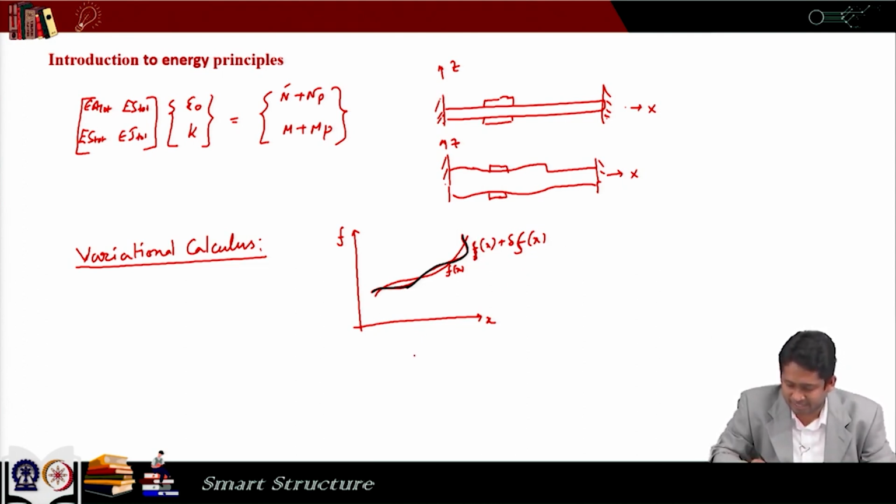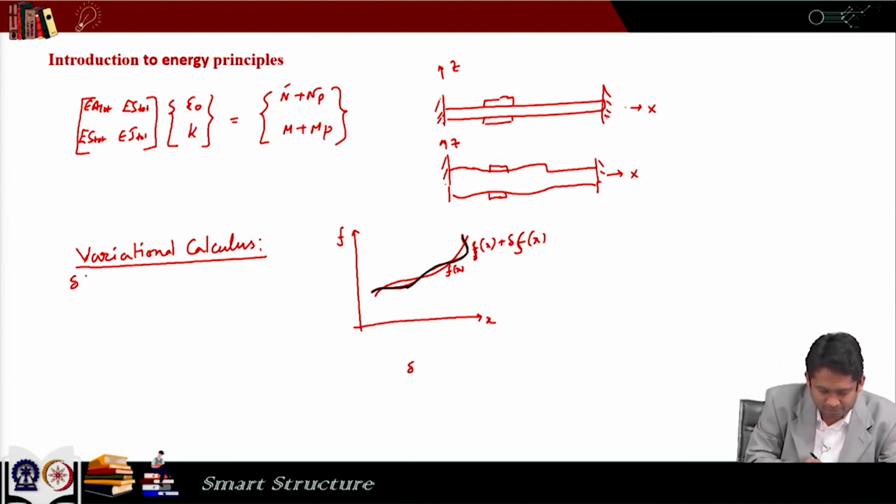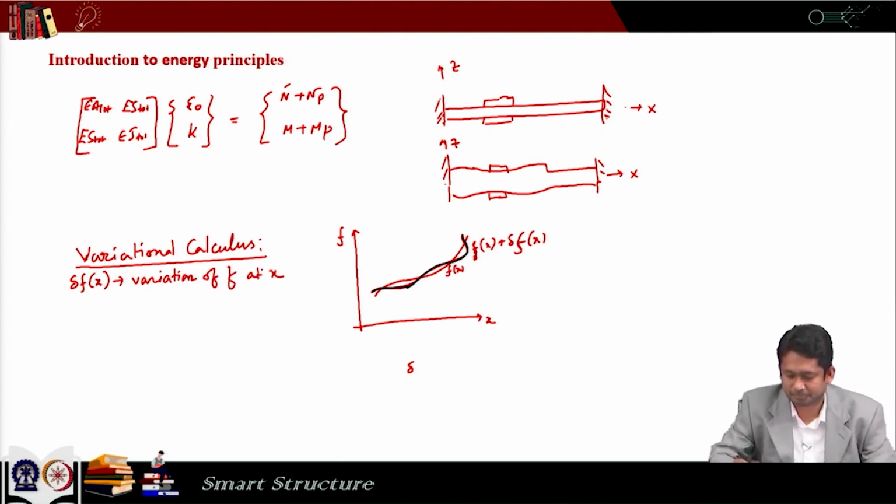So, this delta f of x is the variation of f at x. Now, delta f of x means this difference between this new function and the previous function f.